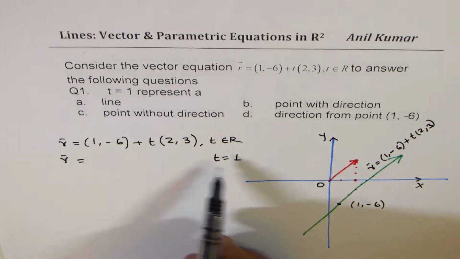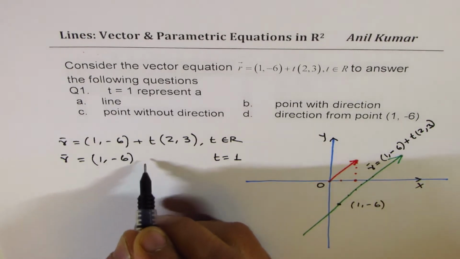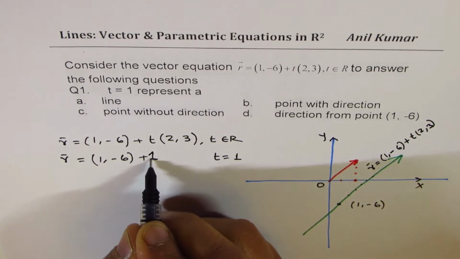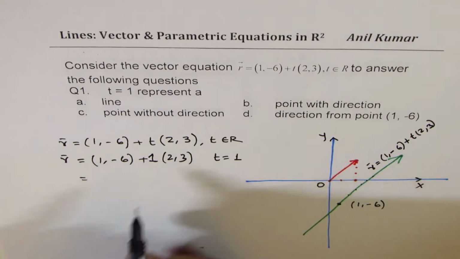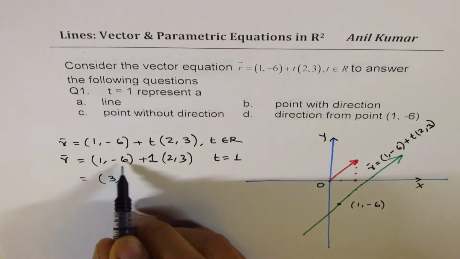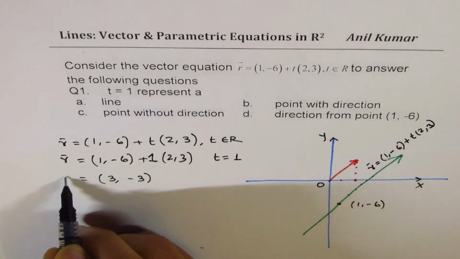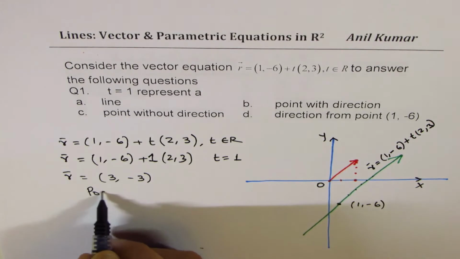If I write t equals 1, I get r as (1, -6) plus 1 times (2, 3). If you do this vector addition, you get 1 plus 2 as 3, and minus 6 plus 3 is minus 3. So we get this vector. Now this is actually a position vector.